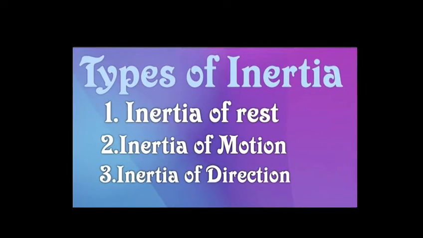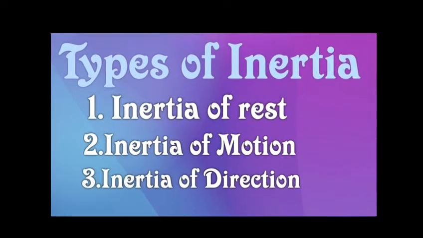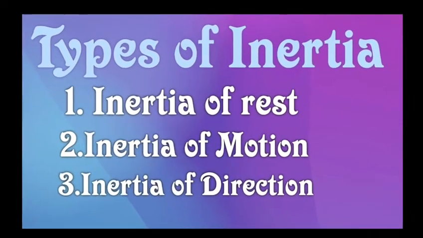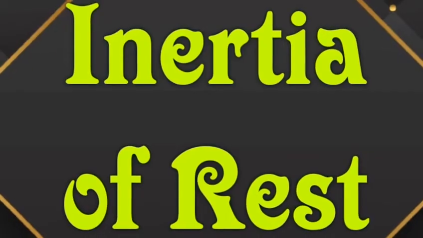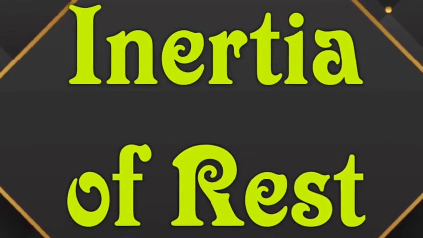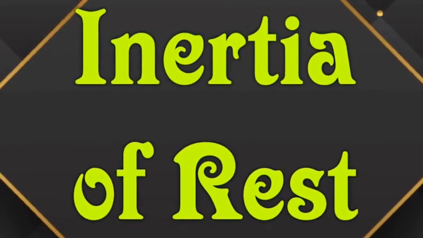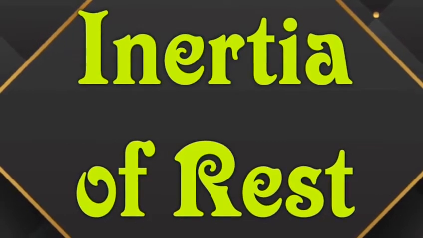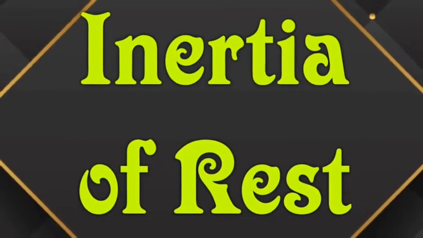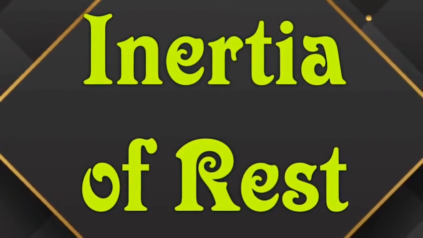Inertia of rest, inertia of motion, inertia of direction are the three types of inertia. We know all the bodies at rest remain at rest unless an external force is applied on them. It means the body cannot move itself from the state of rest.